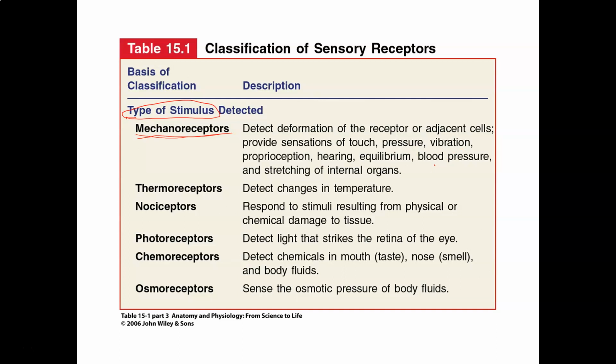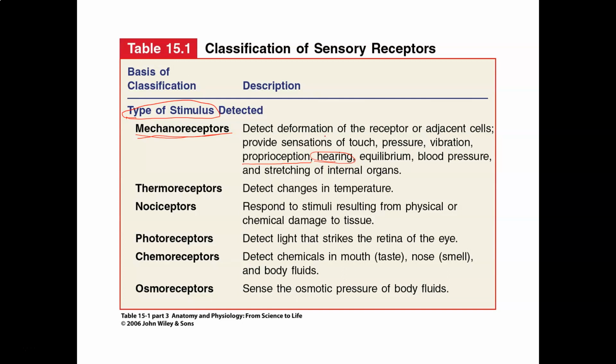All of these physically distort the membrane, open the ion gates, and we call them mechanoreceptors. Even hearing, we'll explain this more when we get to the ear in our next lecture. We'll cover the eye and the ear separately. But these are all examples of mechanoreceptors. Even the proprioceptors we were just talking about, because they respond to the movement of muscles and joints.